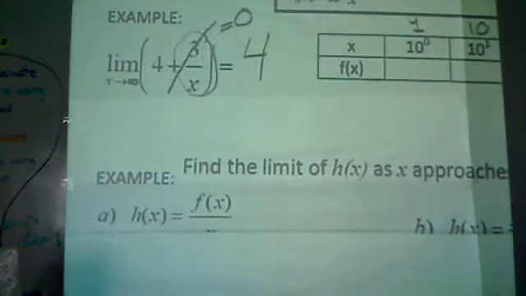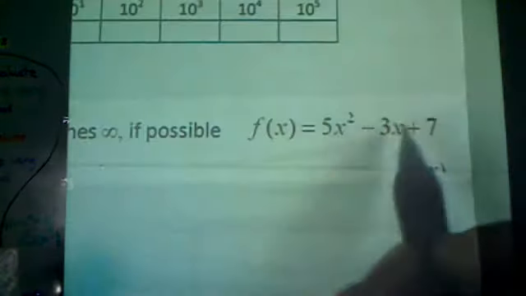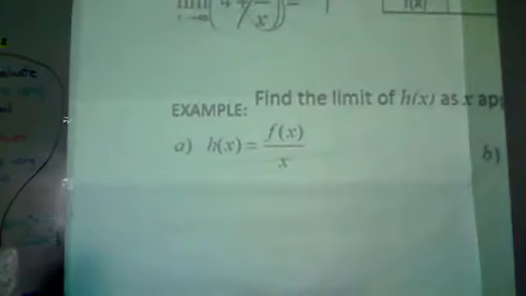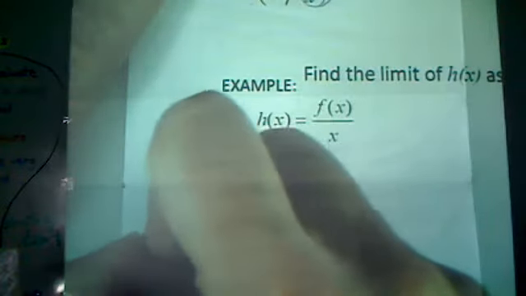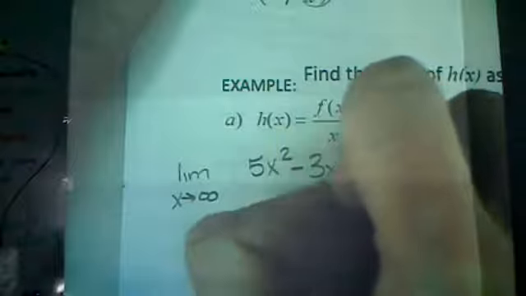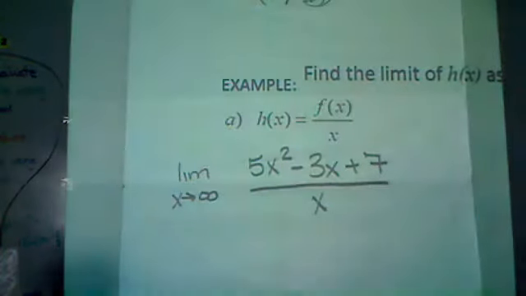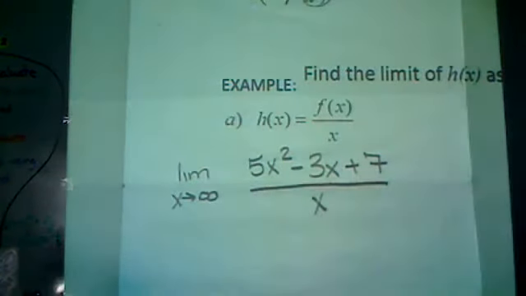We're going to find the limit of these next 3 examples as x approaches infinity for this following function. Notice in A that we were going to be dividing the function by x. So let's write down what this should be. The limit as x approaches infinity of 5x squared minus 3x plus 7 over x. What you want to do is divide this into 3 separate fractions.